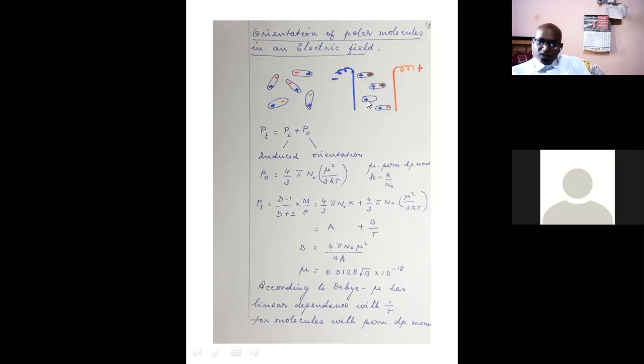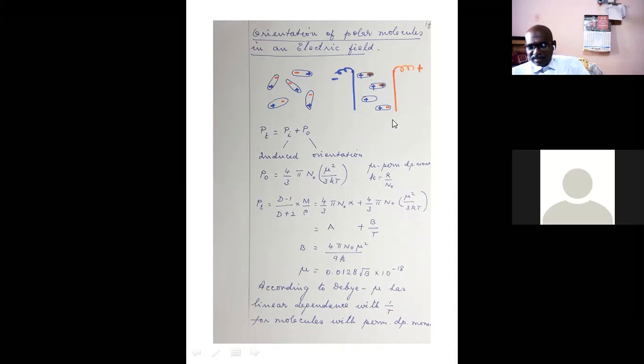All these molecules will try to orient themselves. There will be an orientational change. They will turn in such a way that the positive charge of the molecules is turned towards the negative plate, and the negative point in the molecules will turn towards the positive plate.